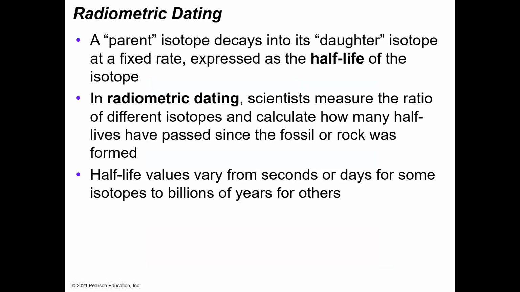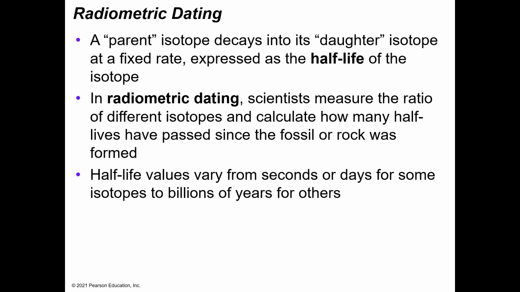The next thing we are going to talk about is radiometric dating. So this is going back to the idea of radioactive isotopes, where a radioactive isotope is considered a parent isotope and it will decay into its daughter isotope. And this happens at a fixed rate, which we know as a half-life. So a half-life is the amount of time it takes for an element to decay.